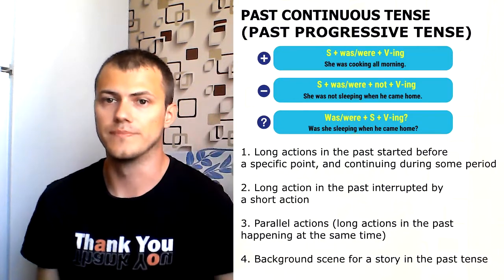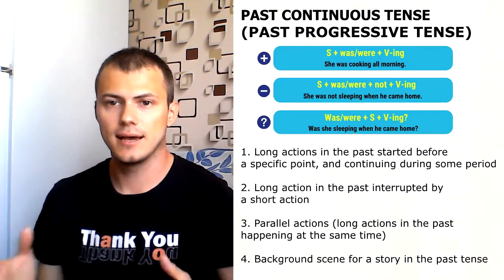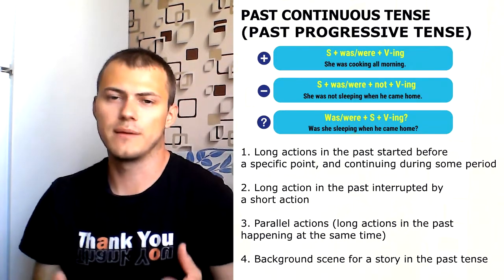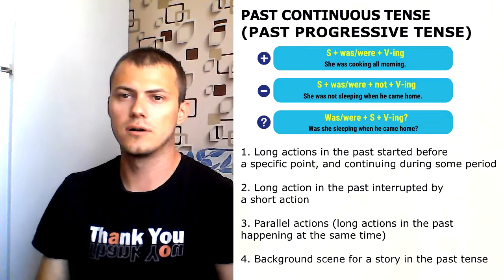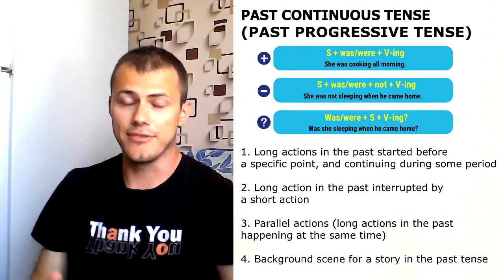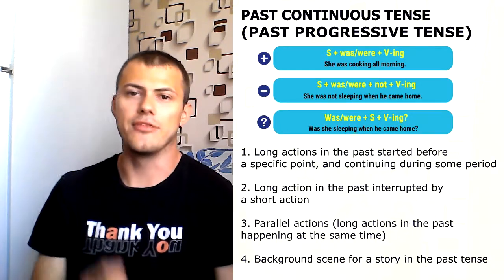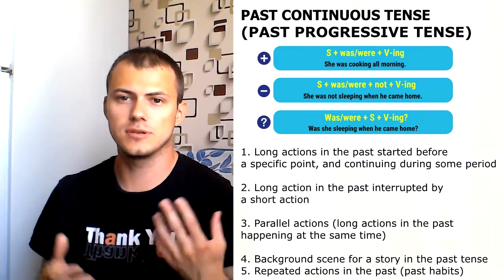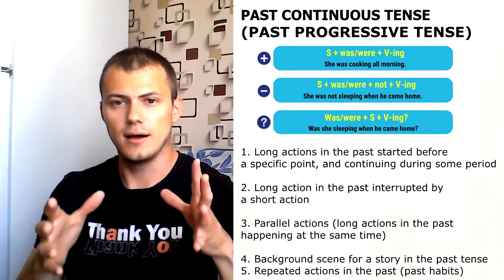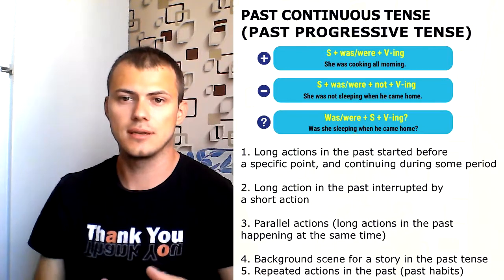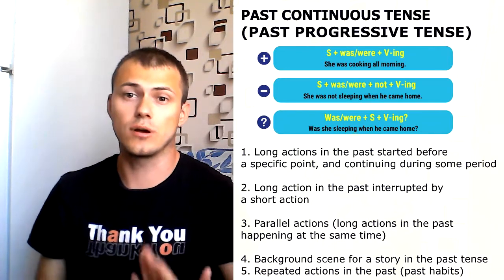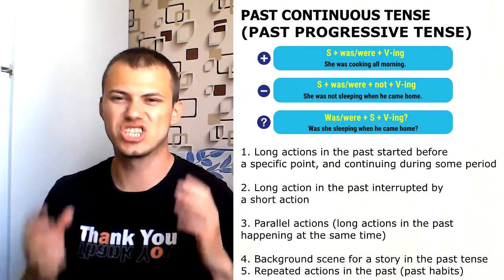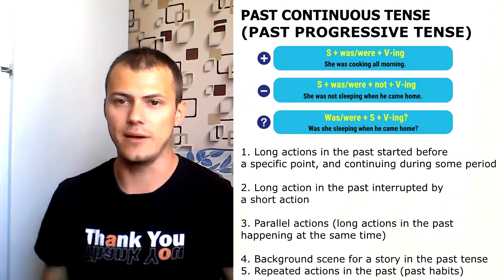Fourth, when we set a background for a story. For example, he was driving his car, music was playing, and then... And the fifth usage of the past continuous is when we talk about repeated actions in the past, mostly when we talk about annoying habits. For example, she was always shouting at me all the time.